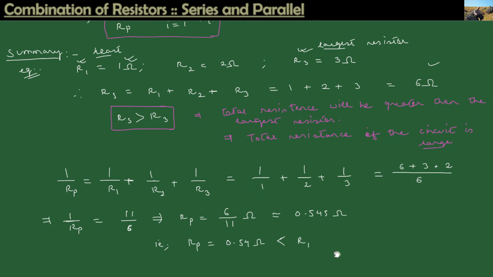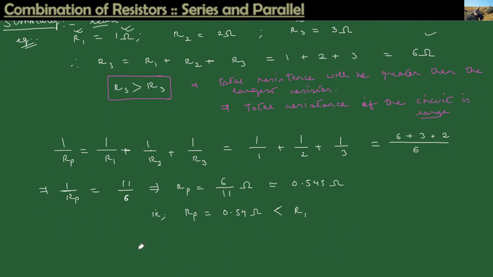So the total resistance, Rp, will be less than R1. This is the important conclusion with regard to total resistance in series as well as in parallel.